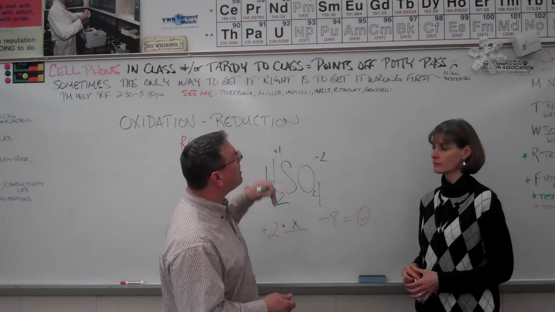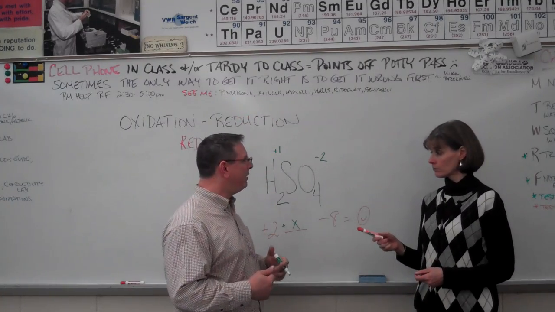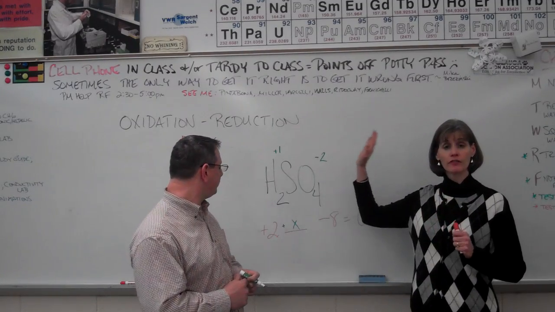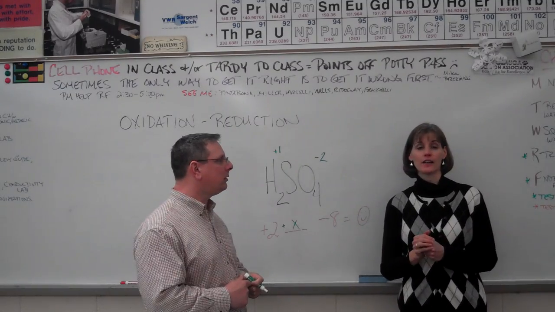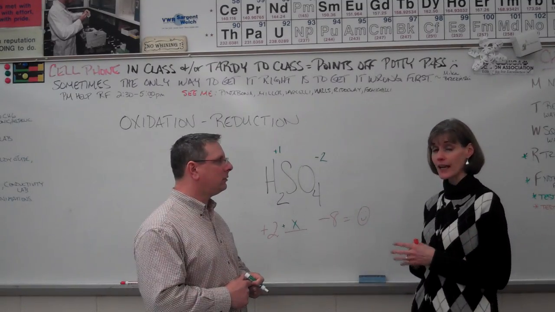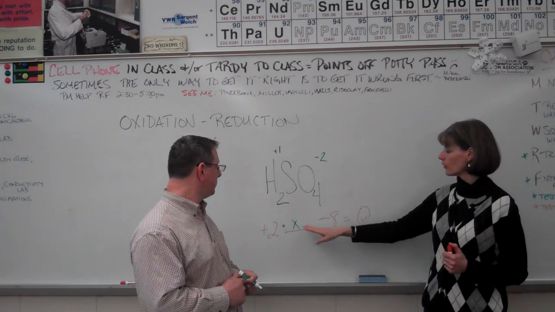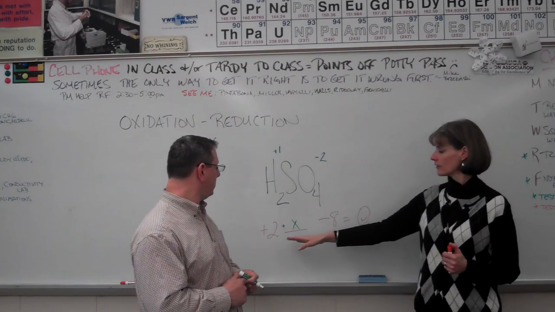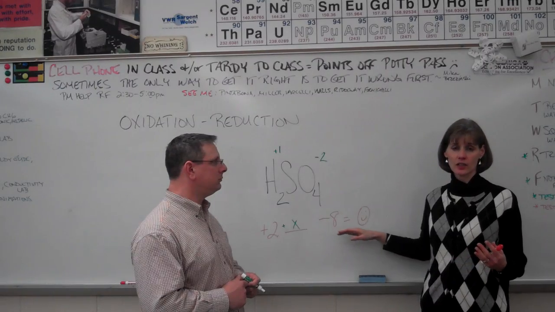If I look on the periodic table, I can make a guess at what sulfur could be. In a lot of cases, all you have to do is count over and figure out how many valence electrons the element has, and that's what it tends to be most often. Well, if we've got 2 plus 1 things and 4 minus 2 things, we need to know 2 plus what number minus 8 is going to give us 0.